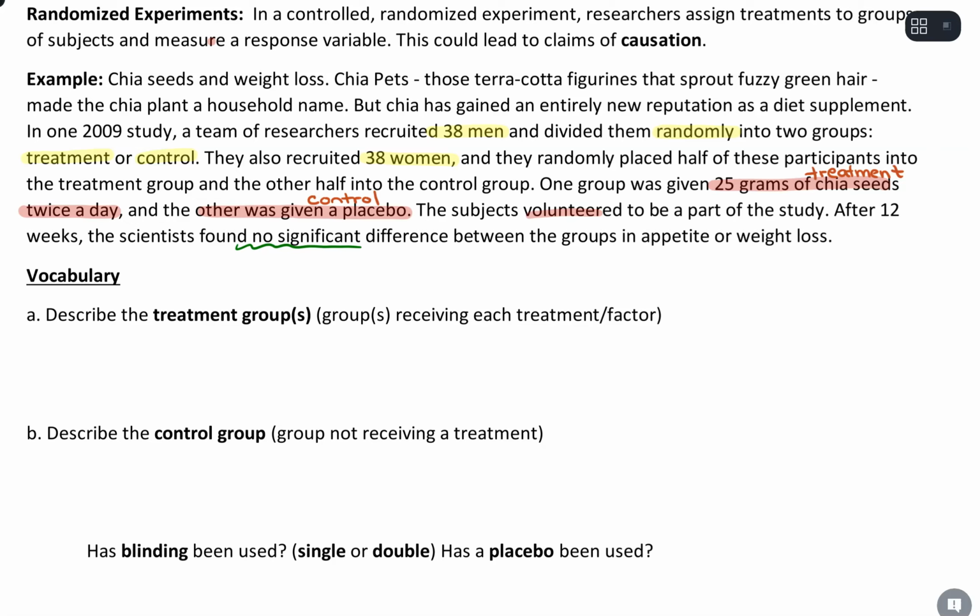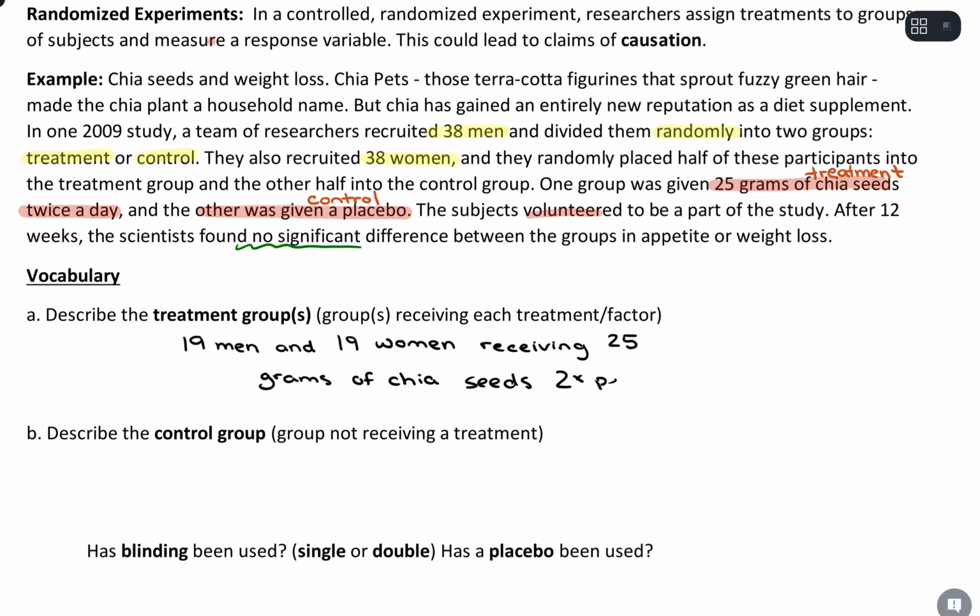What that means is that there are 19 men and 19 women that make up our treatment group, and they're the ones receiving 25 grams of chia seeds twice per day.